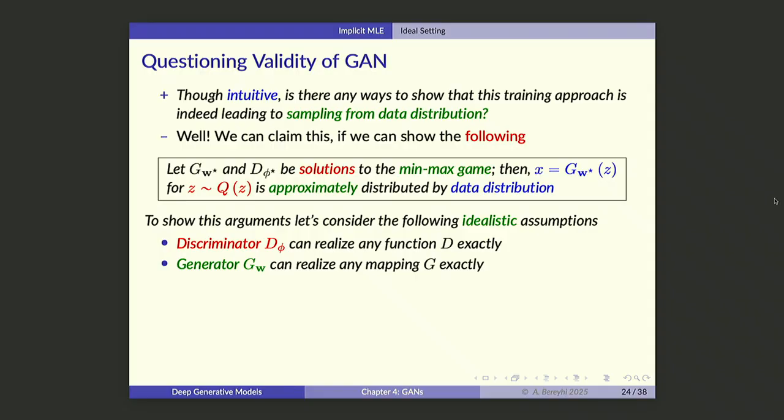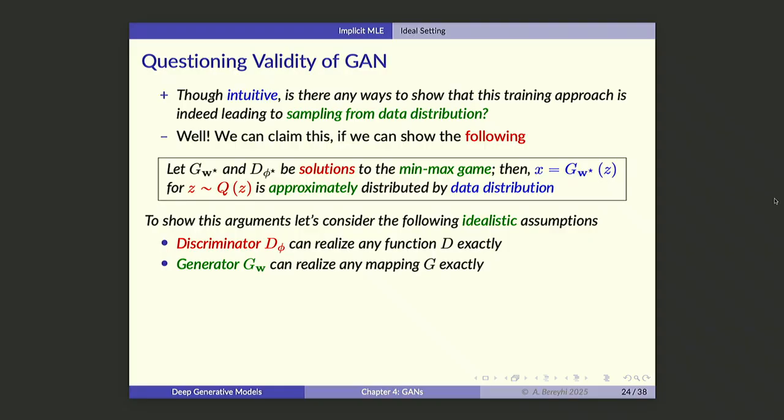So from now on, I'm going to think that my discriminator, D phi, which I told you is a neural network, is able to realize any function D. How can I realize any function by a neural network? If I want to realize any possible function that I can think of, what should happen to the neural network? It should be infinitely deep, exactly, right?